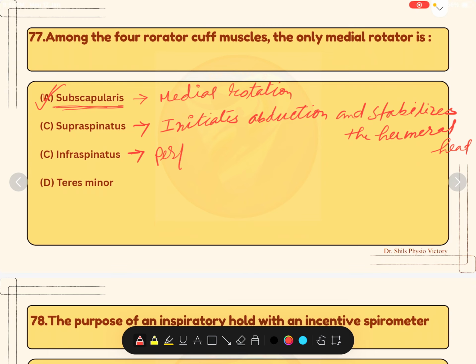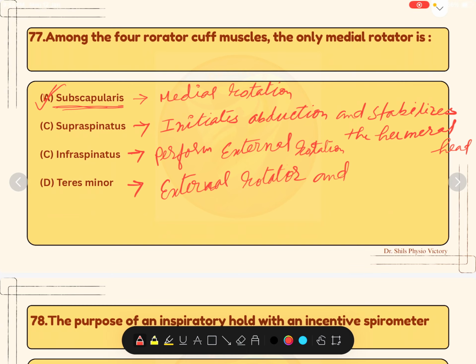Infraspinatus performs external rotation and it also stabilizes the humeral head, and teres minor is also an external rotator and adductor.